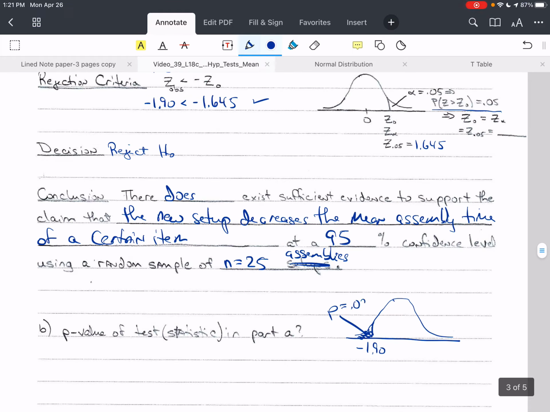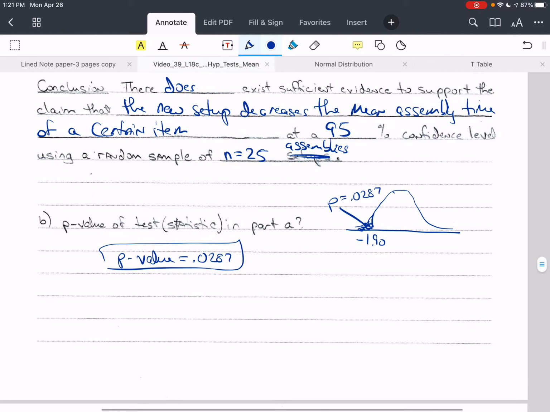This is 0.0287. And because it's a one-sided test, that is the answer. The p-value equals 0.0287.